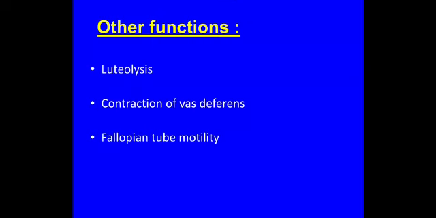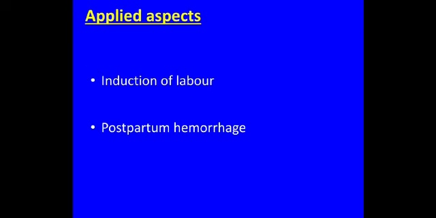The other actions are, during menstruation, it results in luteolysis, that is breakdown of the corpus luteum, and contraction of the vas deferens, and also it results in fallopian tube motility. The clinical relevance is it helps in induction of labor and postpartum hemorrhage.